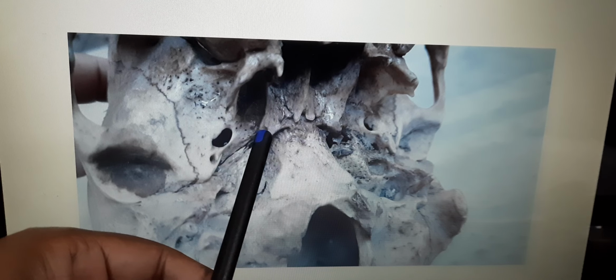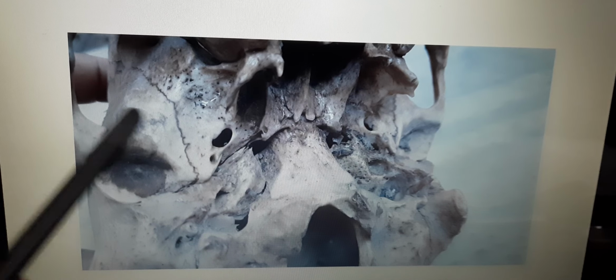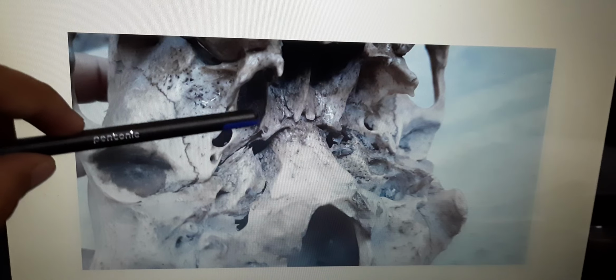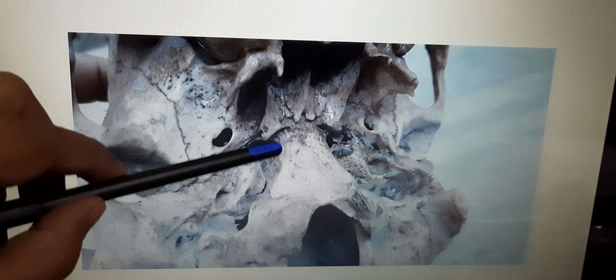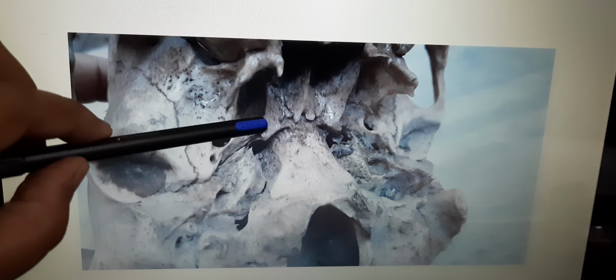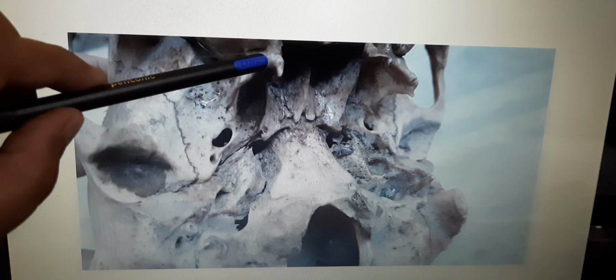This foramen leads into a canal. This canal is known as the pterygoid canal. So the pterygoid canal is present in the sphenoid bone, just in the anterior wall of foramen lacerum. This canal opens into the pterygopalatine fossa.